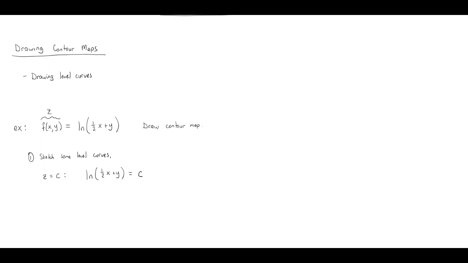If I wanted to get rid of the ln, what would I have to do? Yeah, exponentiate both sides. If I apply e to both sides, we get 1/2 x plus y equal to e to the c. Can you tell from that second equation what this will look like? Remember, e to the c is basically some constant.